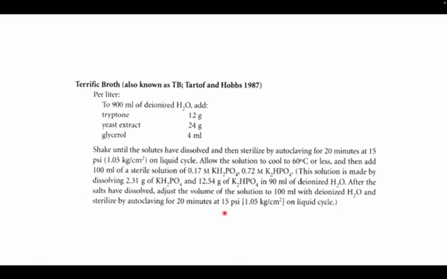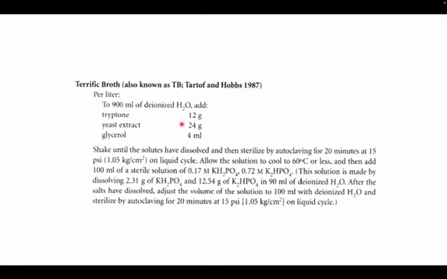Now, if you want to grow a lot of bacteria, you want the bacteria to be really healthy and produce a lot of protein, you can use something called terrific broth, also known as TB, which you'll see has the same components as Luria broth, it just has higher amounts.